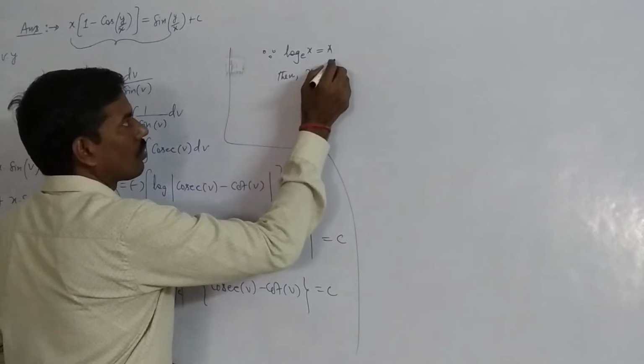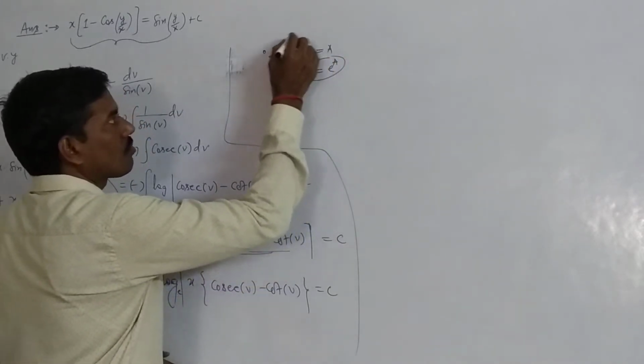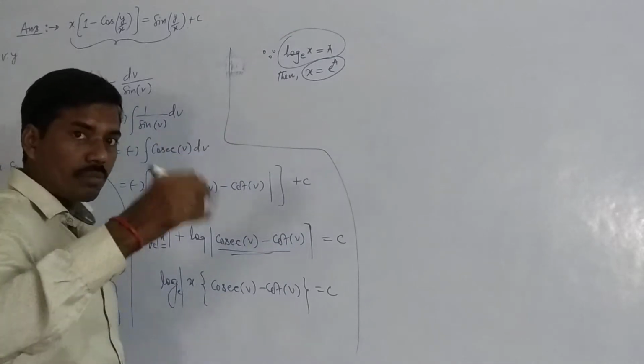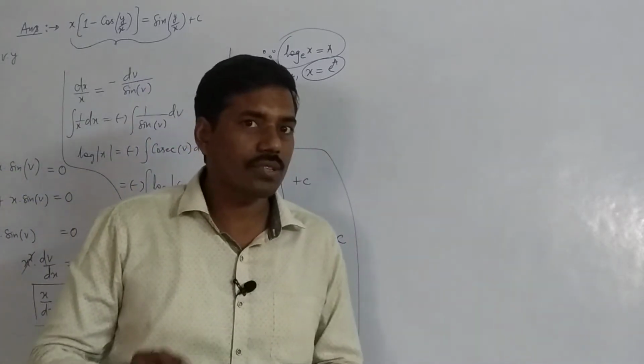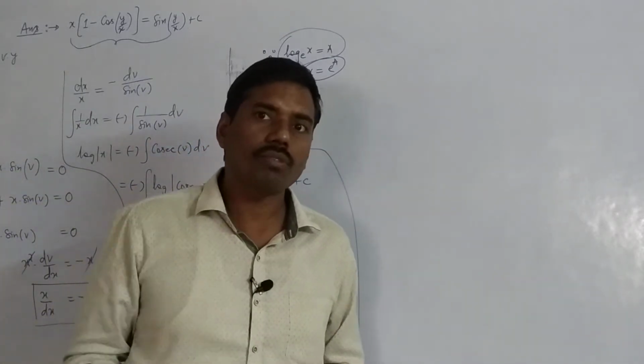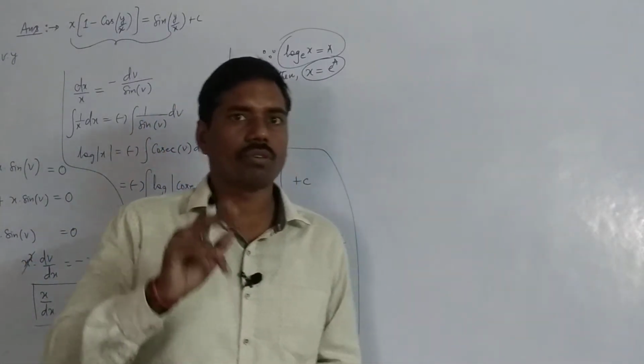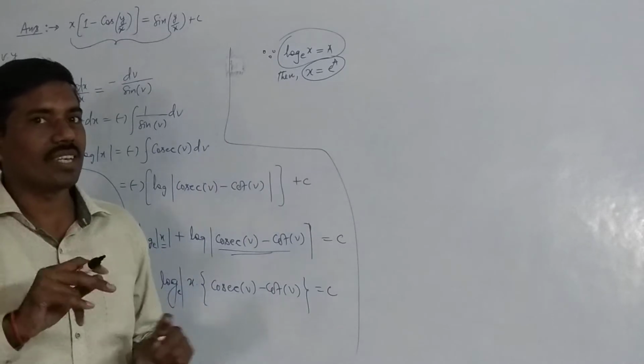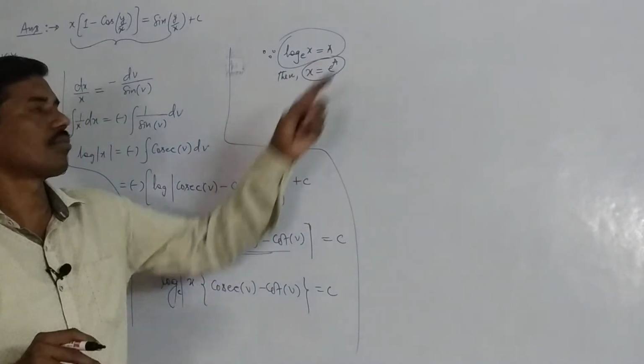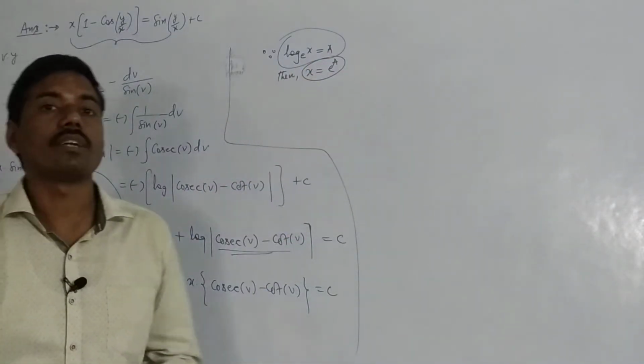This is known as the exponential form, or you can say the definition of logarithm. If log of x to the base e is equal to a, then x is equal to e to the power a.